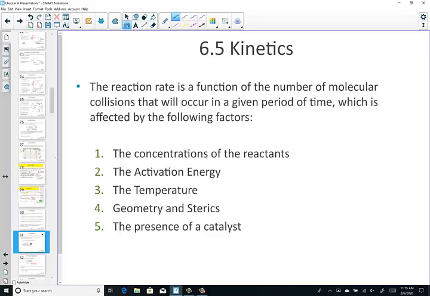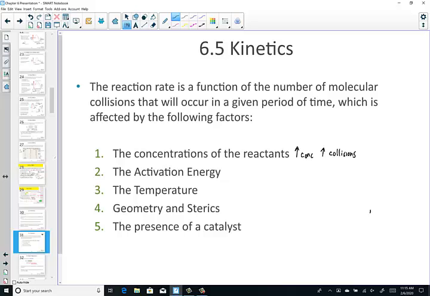Those things that can affect a chemical kinetics, how fast a reaction occurs, are, number one, the concentration of the reactants. If I increase the concentration, I increase the number of collisions. More successful collisions occur, the reaction will speed on its way. The activation energy, how high is the energy barrier that separates reactants from products?